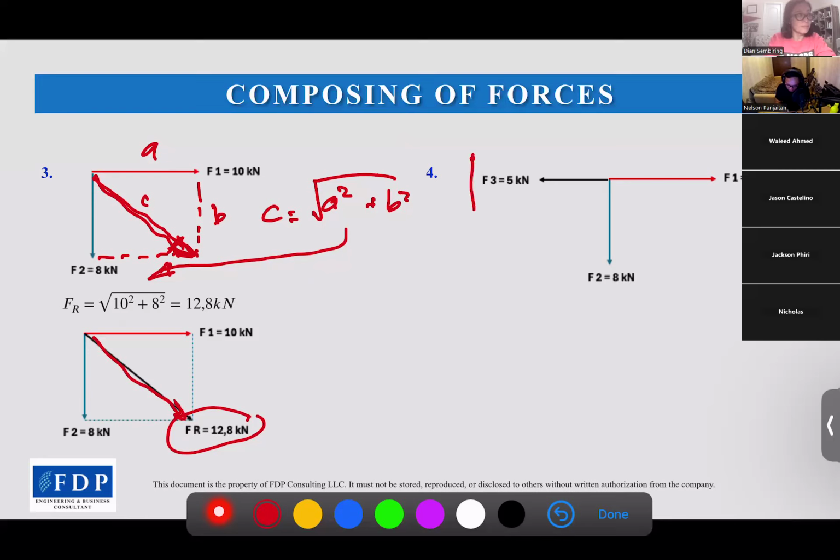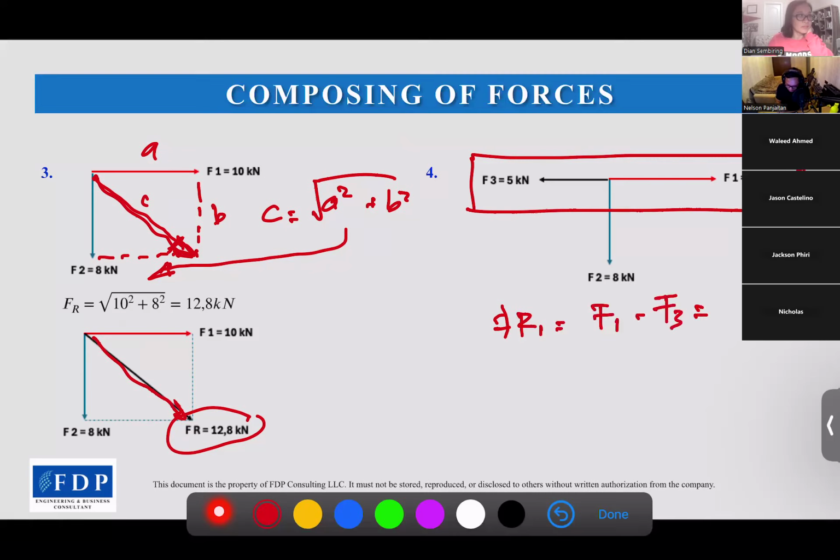Step one, we fix this first. FR1 equals F1 minus F3 equals 5 kilonewton, and the direction will be like this.